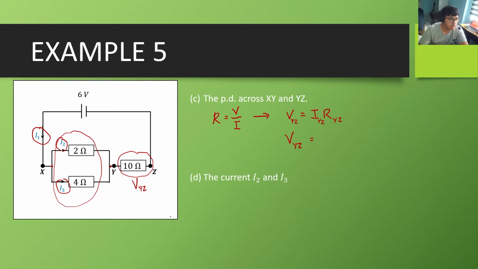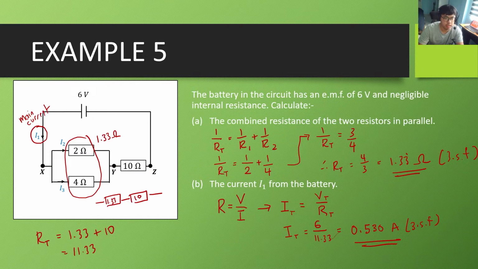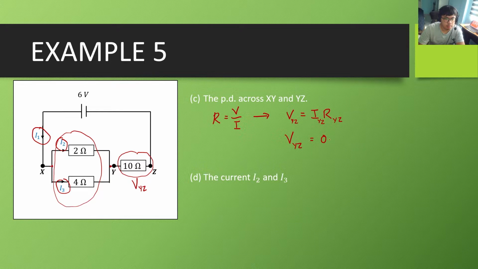So in this case, the current at YZ is basically the current at I1, and we calculated it to be 0.530, and the resistance at this point is 10, and that is equal to 5.3 volts.